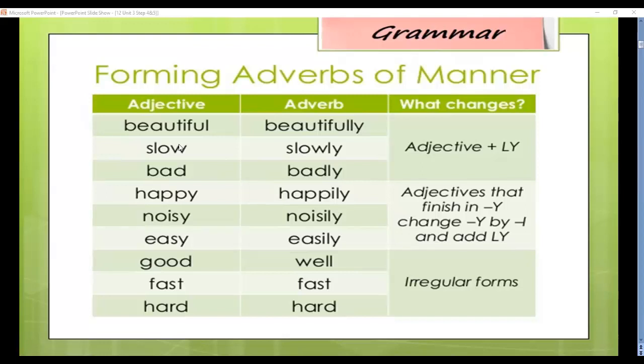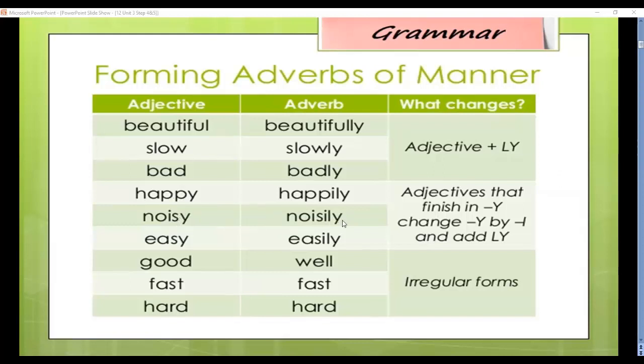The same idea: slow, slowly; bad, badly; happy, happily. Take care of this y preceded by a consonant. We have to delete it and change it into i. Then we have to add ly. Happy, happily. Where is y? We deleted it. Why? Because it is preceded by a consonant. Noisy, noisily.